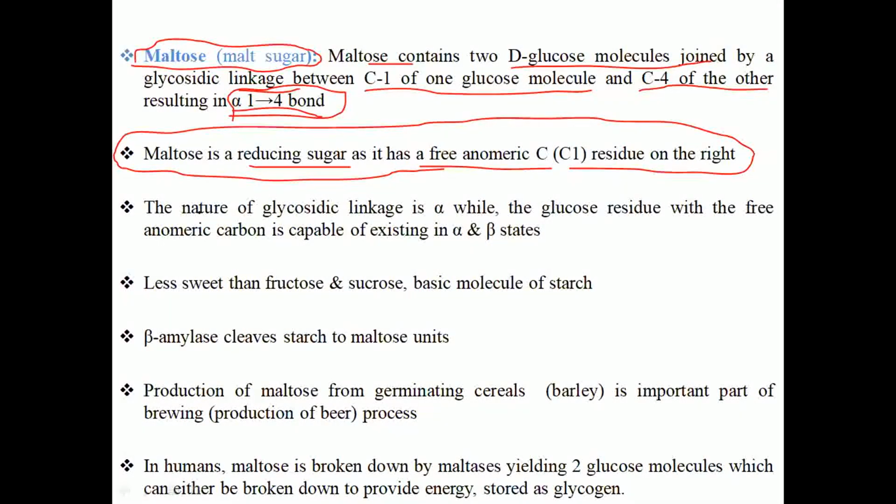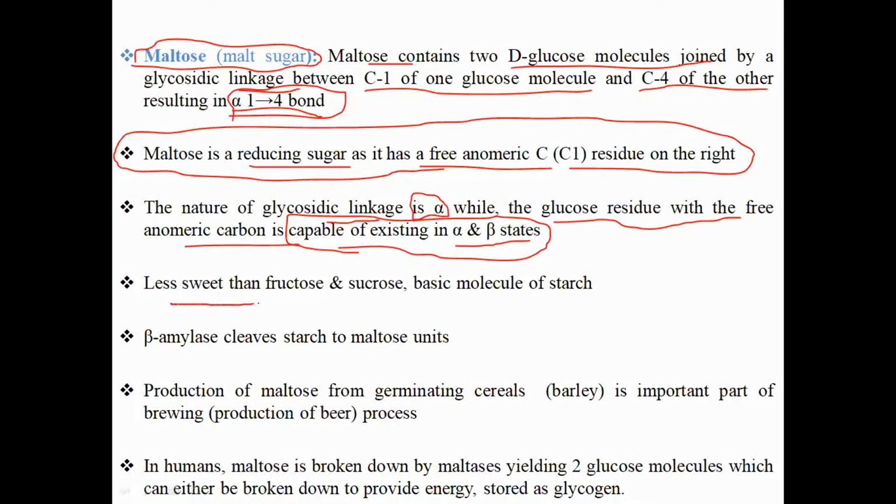Next, the nature of the glycosidic linkage in maltose is alpha type. It will be an alpha linkage, while the glucose molecule residue with the free anomeric carbon is capable of existing in alpha and beta states. So the second glucose residue is independent, and it can exist in both alpha and beta states.